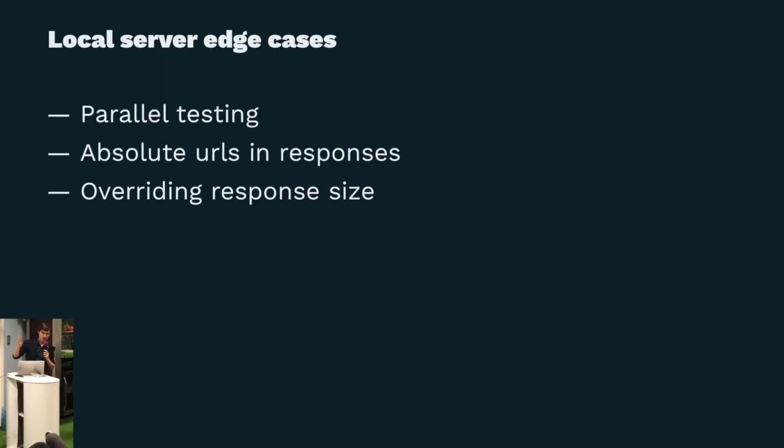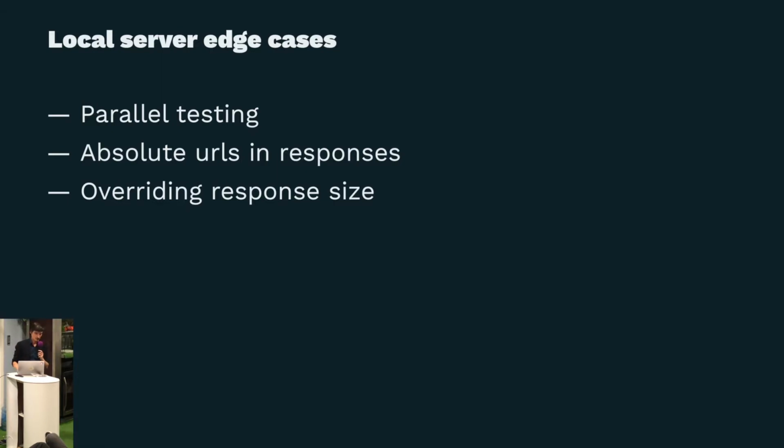And another problem is overriding response size, which is directly related to the previous problem, because when you start to manipulate a response, you need to change some headers that describe the size of this response, because the application will try to use these headers to understand how much data it needs to read from the network, and if it doesn't sum up, then it can fail the request or read just partial data.